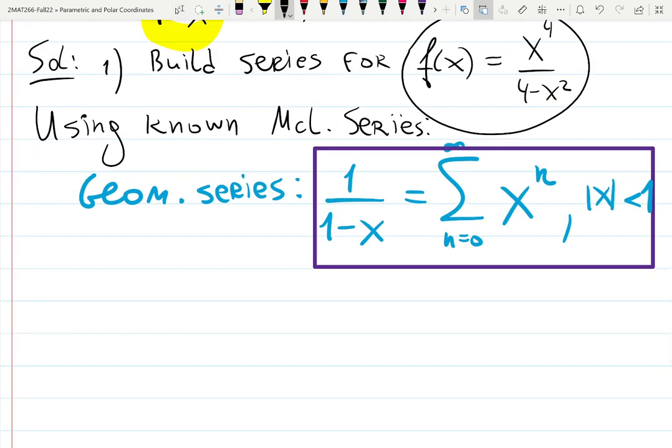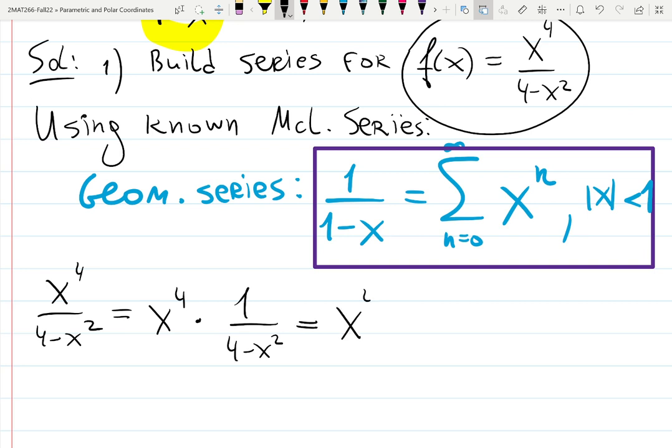So what we're going to do is write down x to the 4 over 4 minus x squared, and we'll try to create a series from this. I will set aside x to the 4 and we'll work with 1 over 4 minus x squared, because this does look like a geometric series. I will speed up a little bit and you tell me if you have questions. I like 1 over a part, and minus x squared is fine.